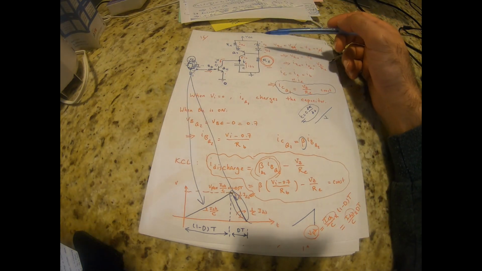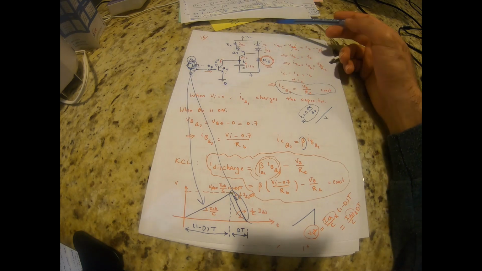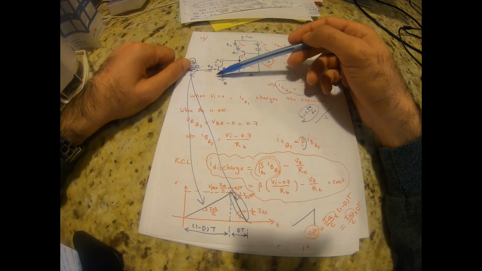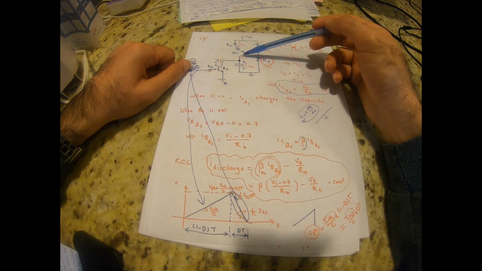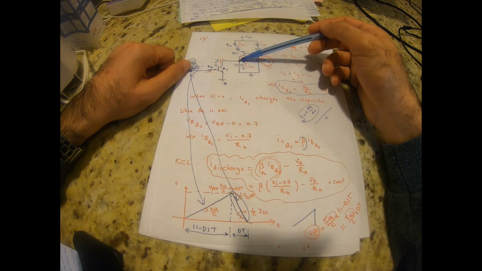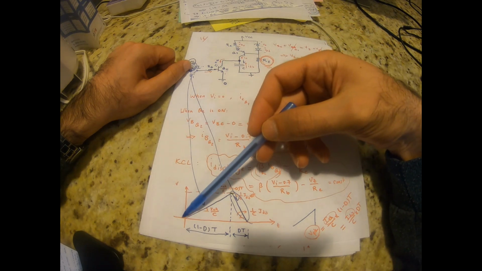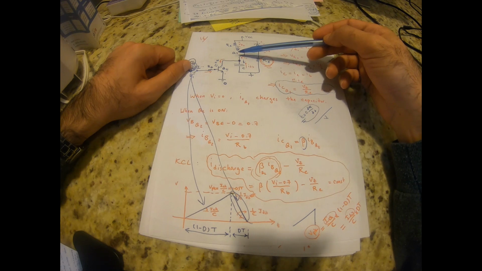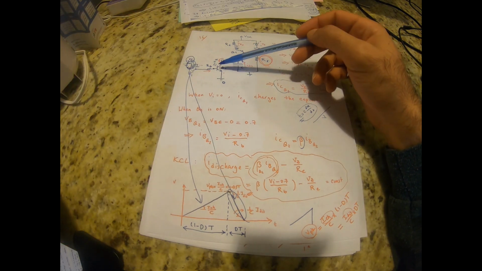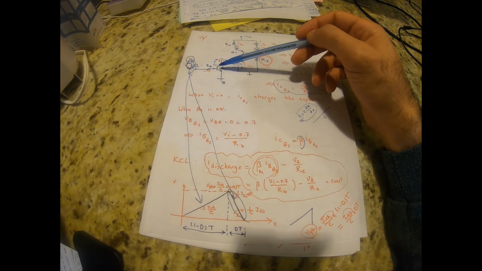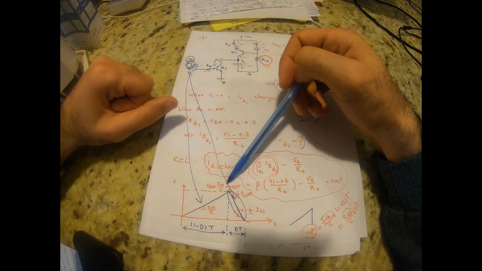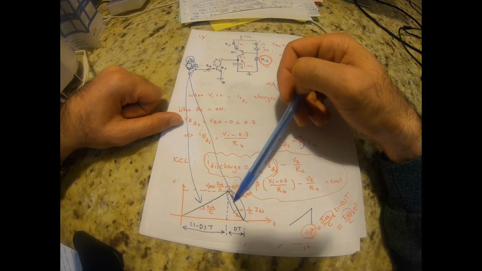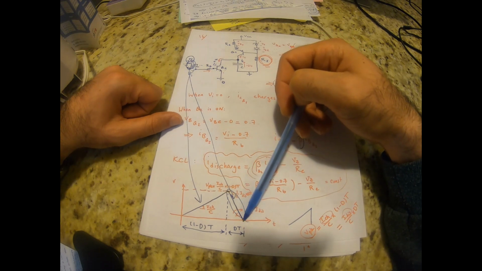In the sawtooth wave generator, we have two circuits. One is for charging, one is for discharging. When the capacitor is charged with a constant current, the voltage is going to increase linearly. When it gets discharged, again using a constant current source, you can see that the voltage drops to 0 this way.